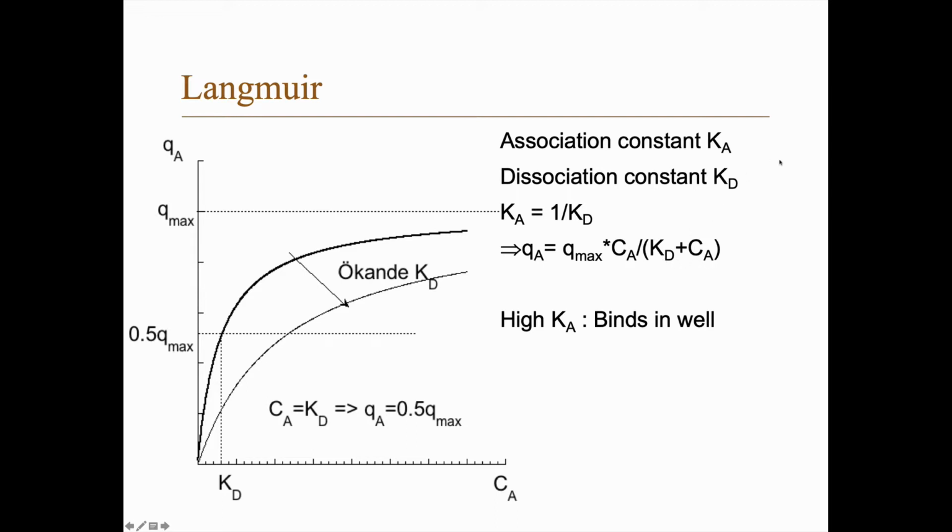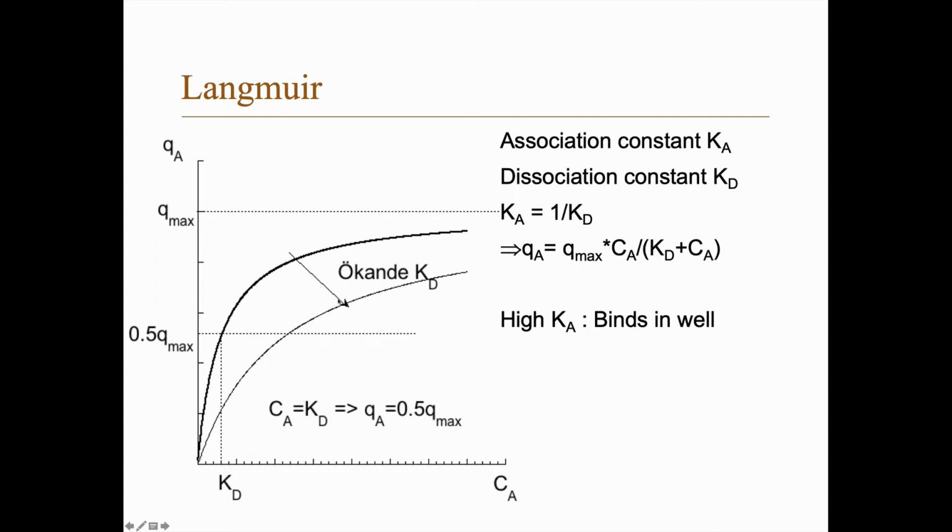Kd here is the dissociation constant. And if you take the inverse of the dissociation constant, you get the association constant. And here you see the interpretation of Kd. Kd is the concentration at which you reach 50% of the maximum adsorption capacity. So 50% of the Q max here.